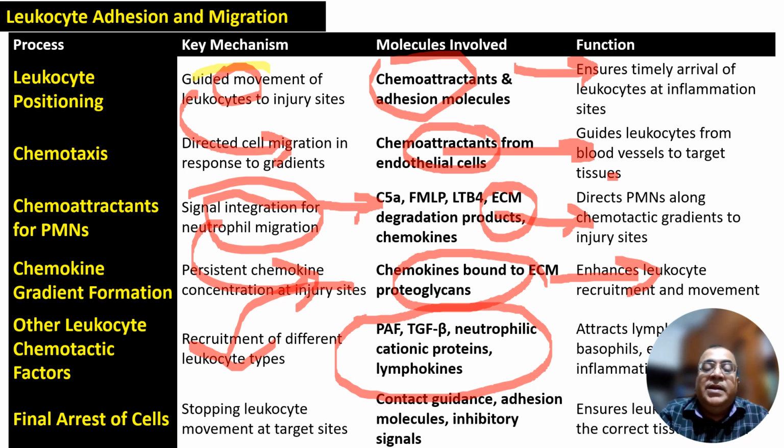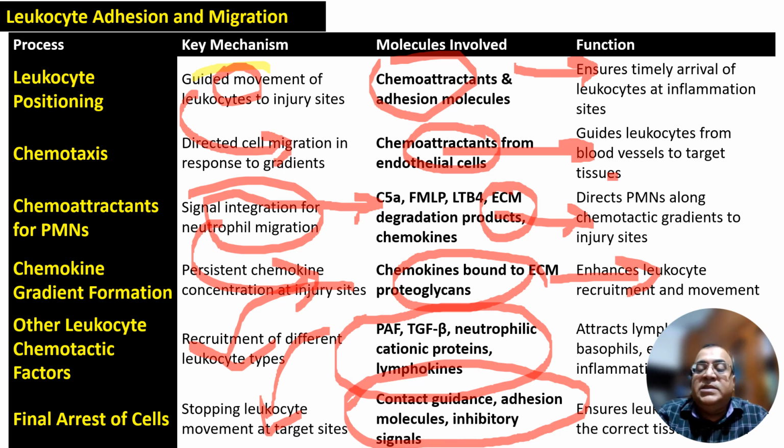Then finally, when the leukocytes have reached the target site, they are arrested here by contact guidance and inhibitory signals, and this process ensures the cellular events that occur in this area to correct the tissue damage.